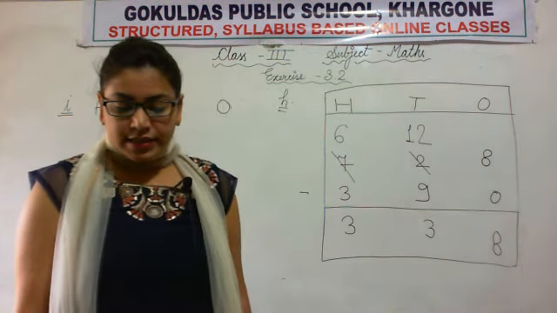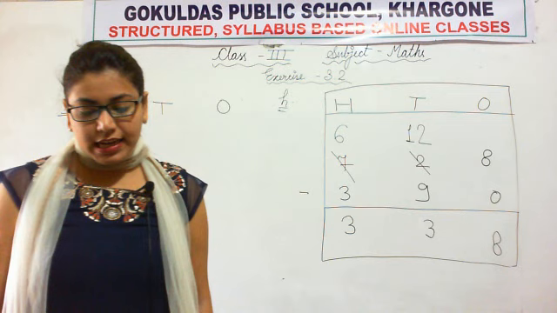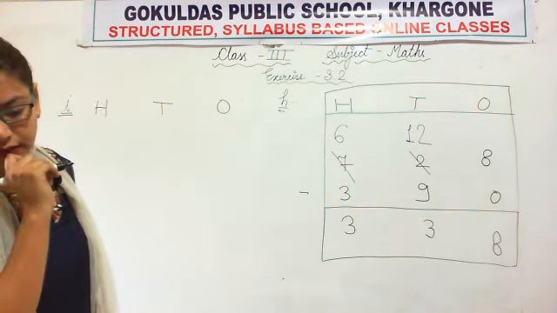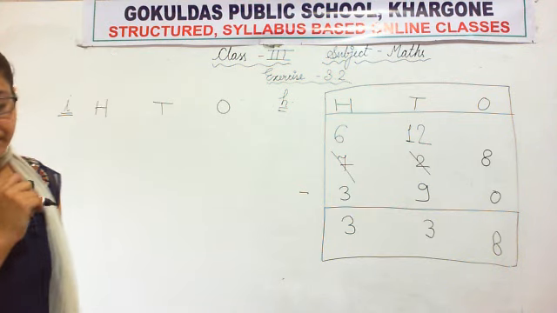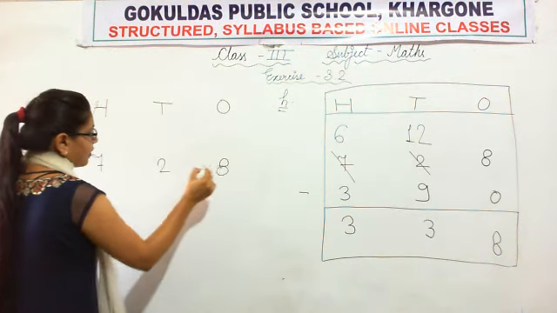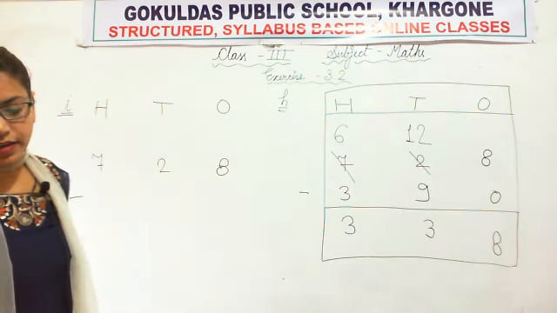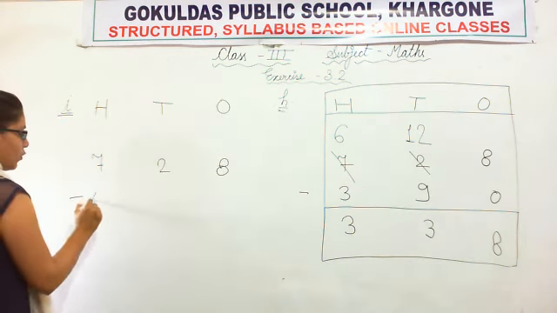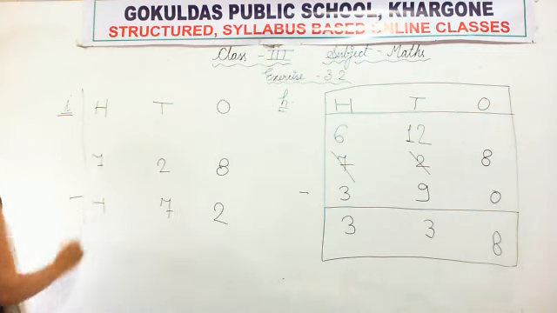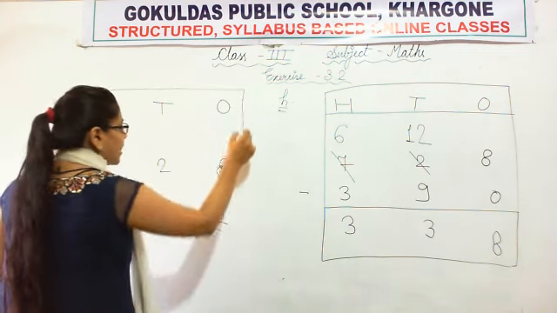Now 728 minus 472. First of all let us write 728 minus 472. Okay, so make the table first, then start solving.